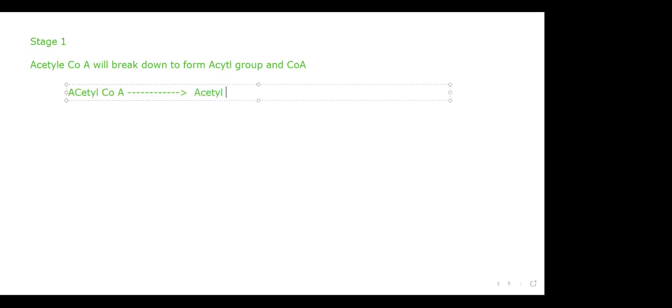Acetyl group plus coenzyme A. That is the first stage. That's not difficult, no? Difficult than that is stage 2.